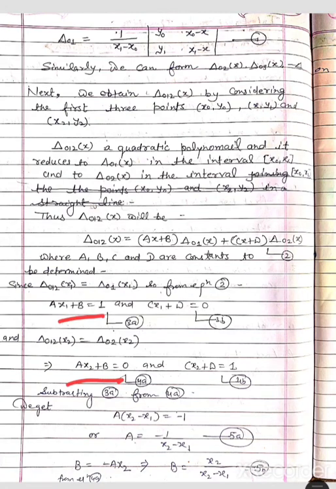which have the relation between capital A and B. By solving using the simple method of solving equations, we obtain the value of capital A equals -1 over x2 minus x1.